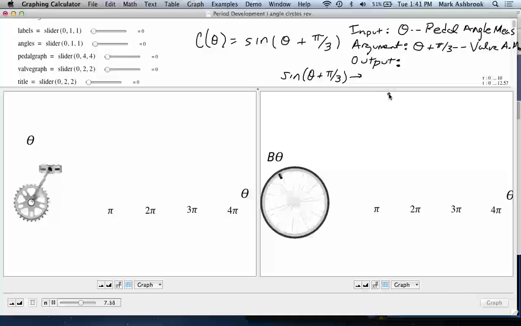In what unit? Feet, inches, millimeters? It's going to give one number, so there's only one unit it can be. Inches. Uh-oh. What kind of numbers are sine?